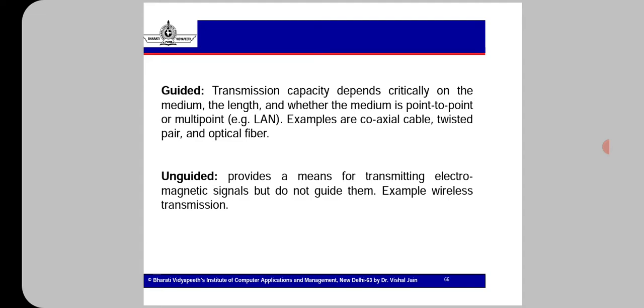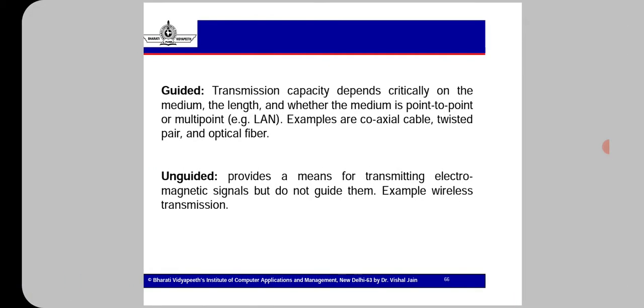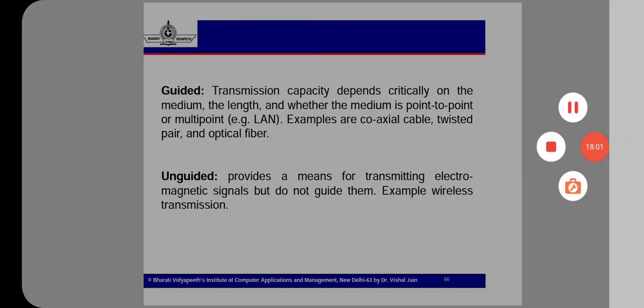In unguided media, no physical medium is used. So the best examples for unguided media are radio waves, electromagnetic signals, like that. Wireless transmission generally takes place in the unguided type.